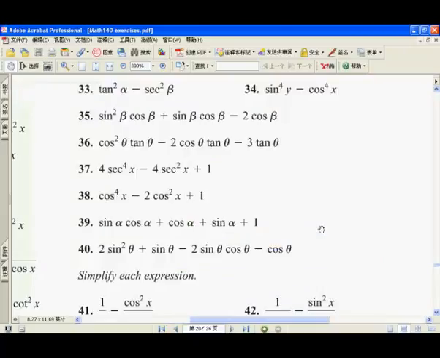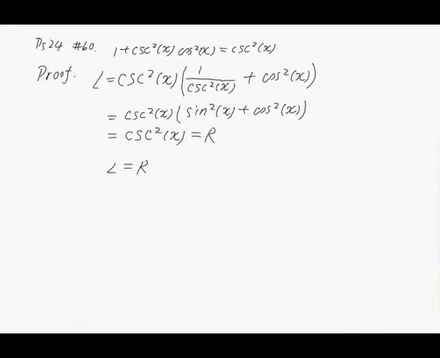And before we apply those strategies to verify the identities, let's look at one more example about factoring. And let's look at problem 40 on page 424. And we try to factor this trigonometric expression.